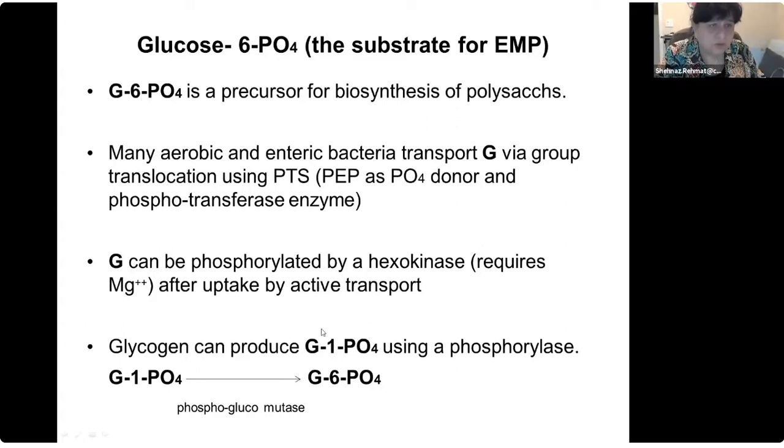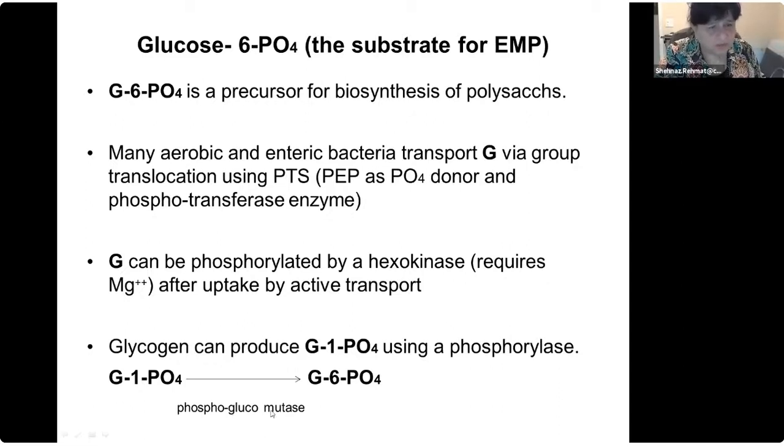Another source of glucose 6-phosphate, which is the substrate for your EMP, is that the cell may have stored glycogen. These glycogen molecules can be converted to glucose 1-phosphate using a phosphorylase enzyme, and then glucose 1-phosphate can be converted to glucose 6-phosphate, which is the substrate that you're looking for, right?